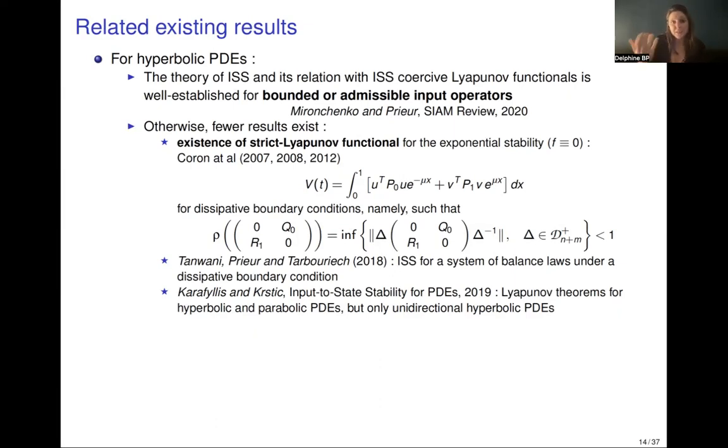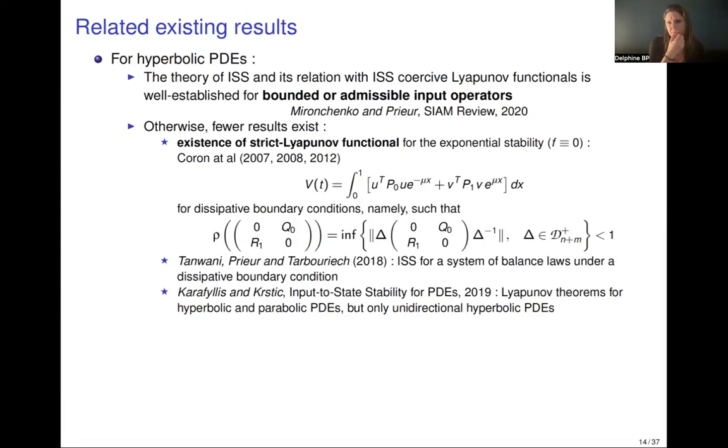In the remaining cases, there are some results, but fewer. The most important one may be the one by Jean-Michel Coron regarding strict Lyapunov functionals. Under a certain dissipative boundary condition, he establishes that the pure diagonal functional V that I put here is, no, sorry, not an ISS Lyapunov functional.